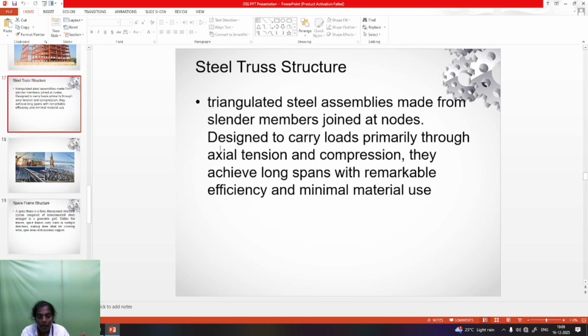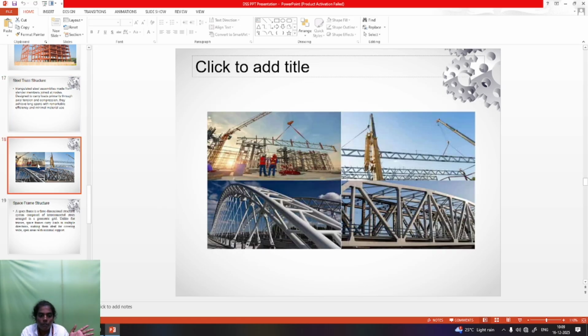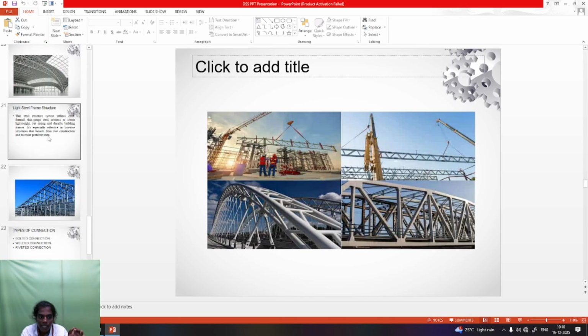Tension and compression are induced on the members. It is a long span structure. It is normally minimal use only. So this is the truss member. Truss member means the triangulated member is used for the connection. This is a minimal use of steel members.